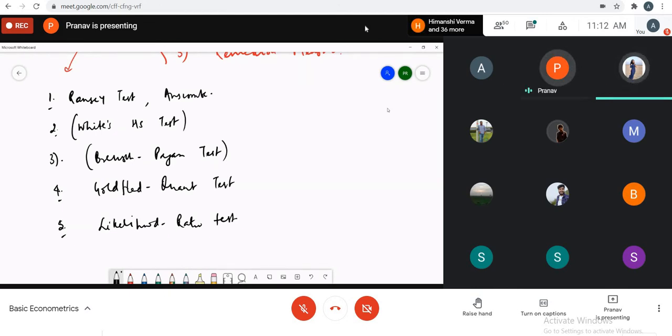I don't remember it perfectly, but it was related to this. Yeah, very true. Okay, so we'll discuss these tests one by one, and for some of the tests, I'll also ask you to do this exercise for the example that we've just discussed. So Ramsey test and Anscomb, a test suggested by Anscomb.